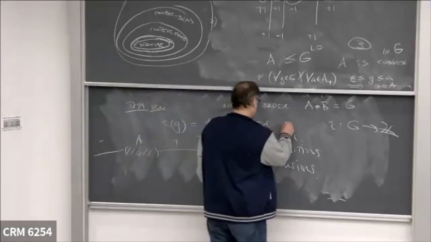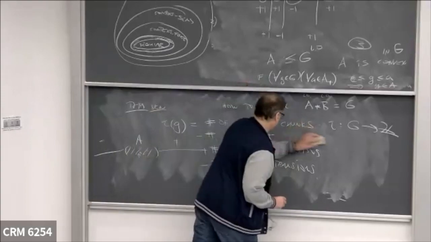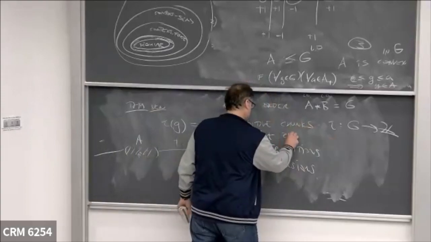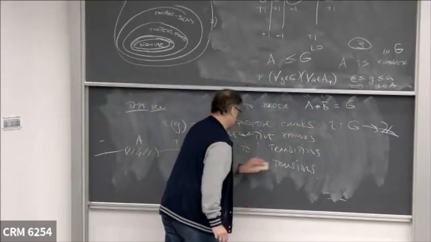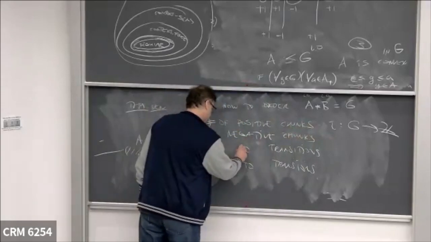The number of positive chunks minus the number of negative chunks, and then some transitions are counted.